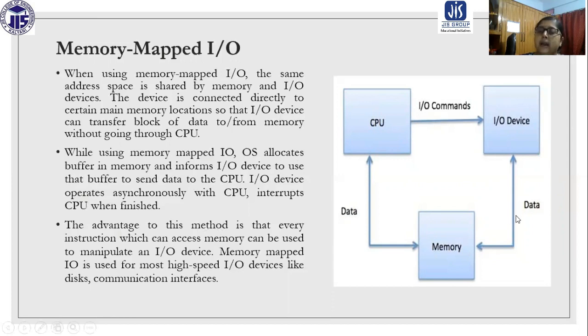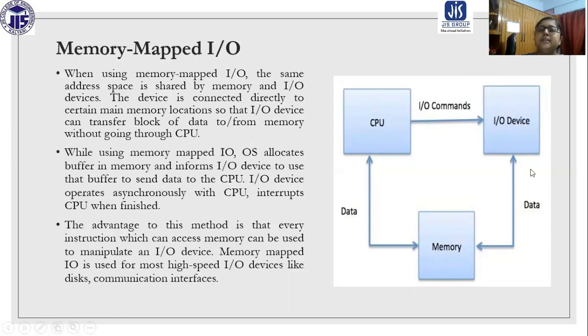So whenever IO needs to share some data with the processor, there is a buffer area which is previously predefined for that particular IO operation, and whatever data is generated by the IO will be written in the buffer area, so the CPU can directly access that data.